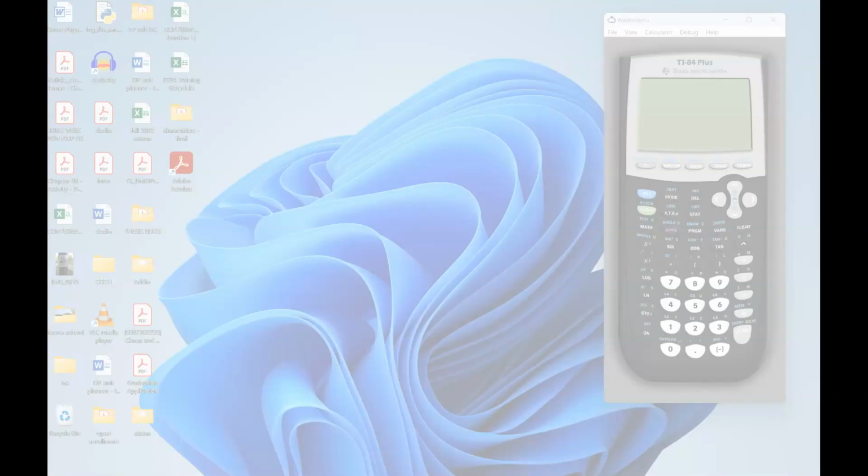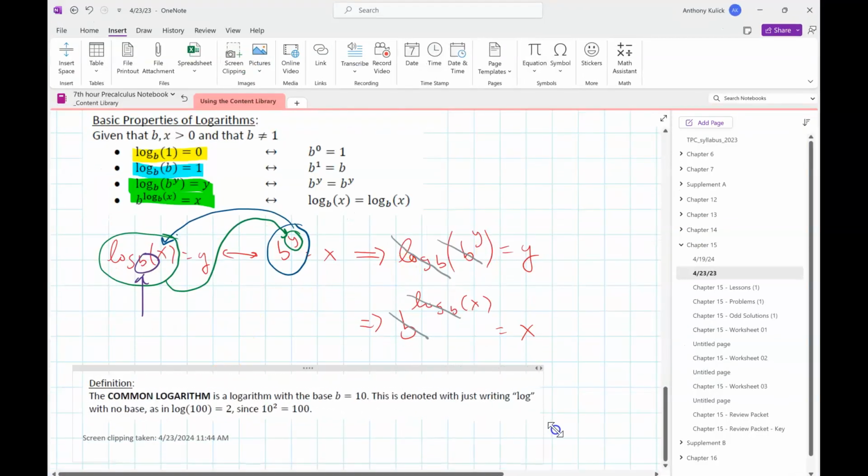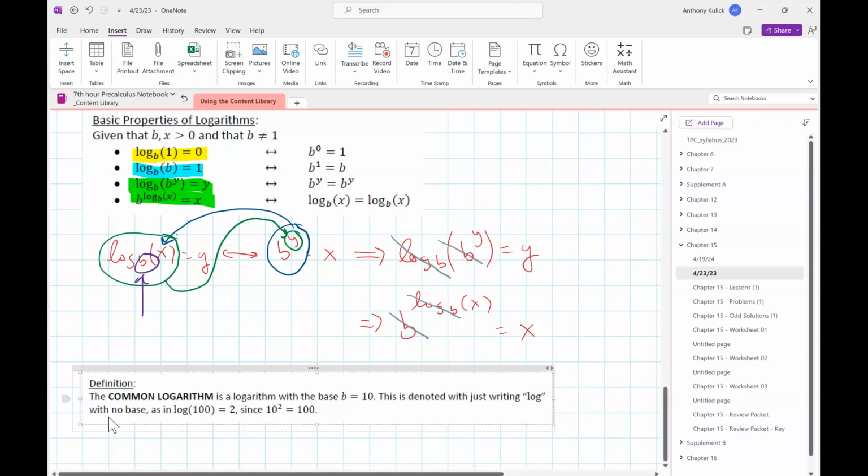The first value for b is when b is 10. We call that type of logarithm, whose base is 10, the common logarithm. And we just write it as log with no subscript at all. Just like when we write a square root, we don't write the index 2 in the check mark like we would for a cube root.